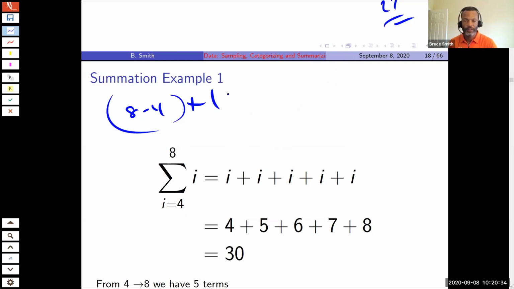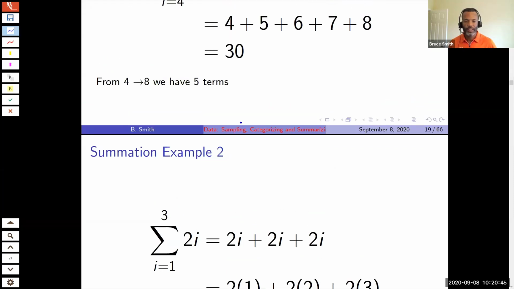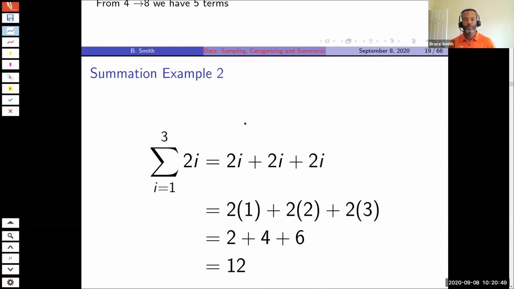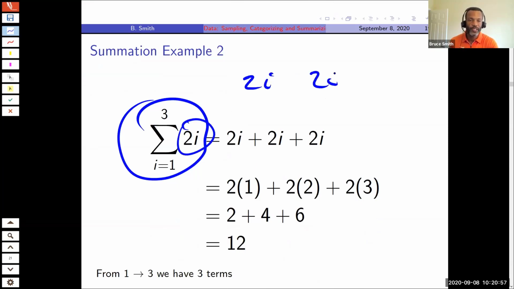It's inclusive. So you always know how many elements there are: start minus the finish, plus 1 more. So summation notation, I could say, going from 1 to 3 of 2i, we just know right away it's going to be these terms, and they're all going to be added together.